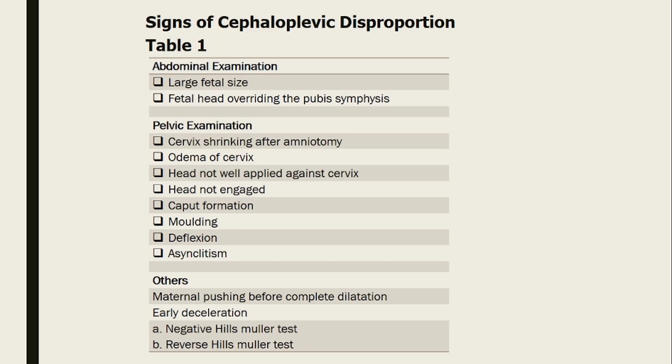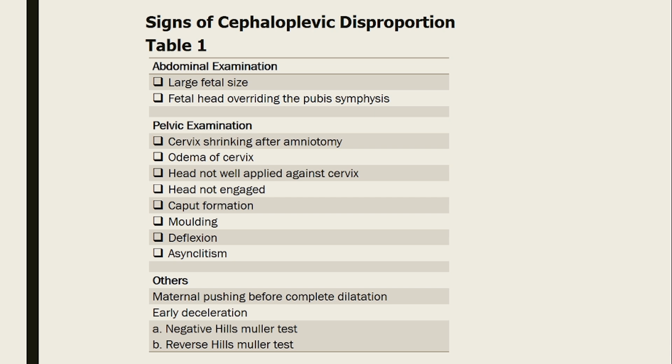Yes, we have been talking about how to diagnose cephalopelvic disproportion or contracted pelvis through history and physical examination, clinical pelvimetry, and radiologic pelvimetry. What are the signs of cephalopelvic disproportion?